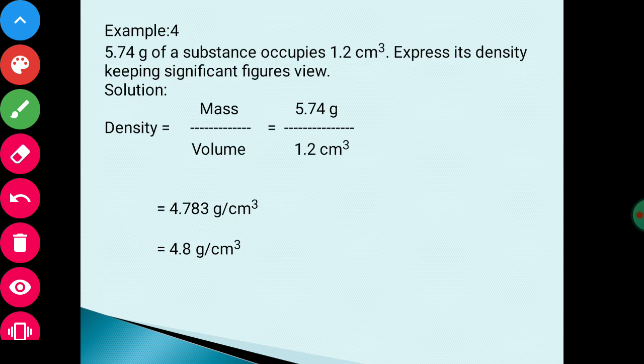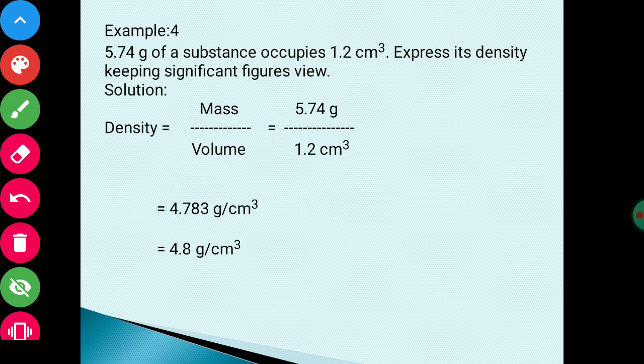Example number 4. 5.74 gram of a substance occupies 1.2 centimeter cube. Express its density keeping significant figures in view. See, after the decimal point, how many digits? Only one.